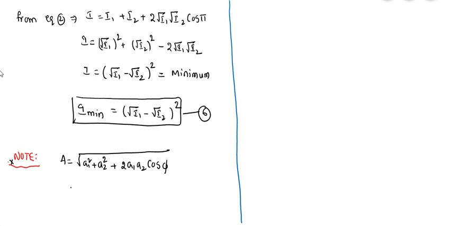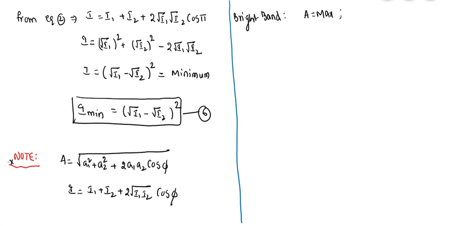And the general intensity formula is I1 plus I2 plus 2 root I1 I2 cos phi. In the bright band, amplitude is maximum and intensity is maximum.